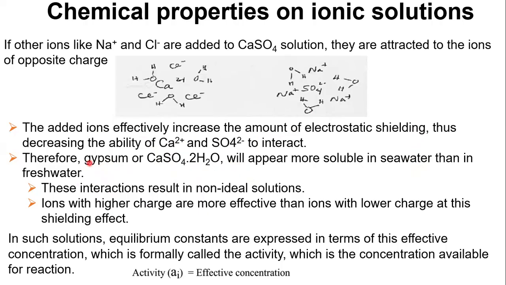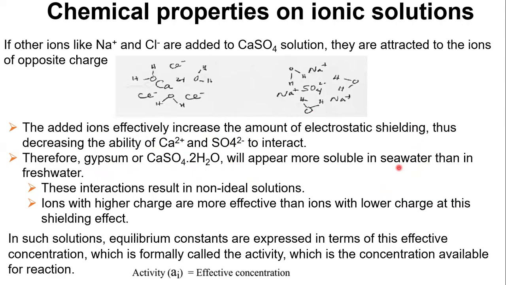Good. Now, why is it appearing more soluble in seawater? Because the seawater has spectator ions that will increase the shielding of the calcium and sulfate ions. When you increase the shielding, it will allow more of the salt to dissolve because it is reducing the interaction of these ions, making them blind to each other.